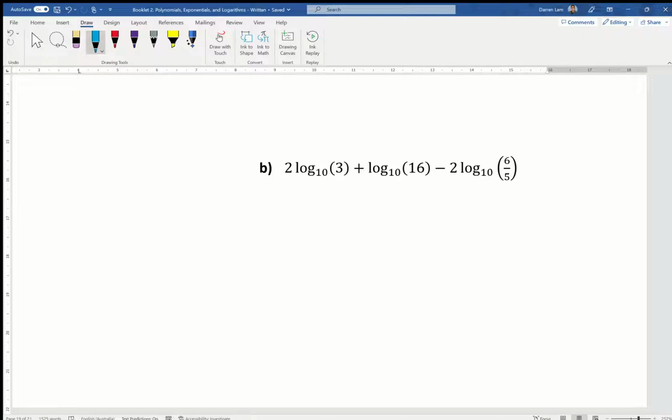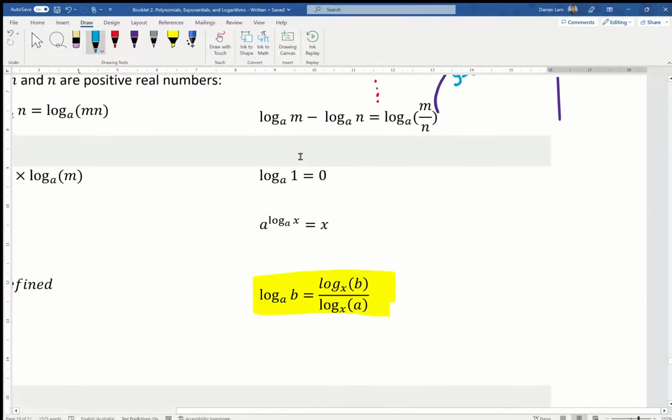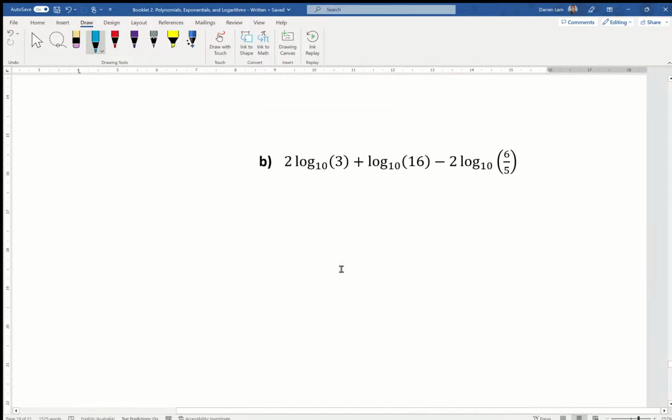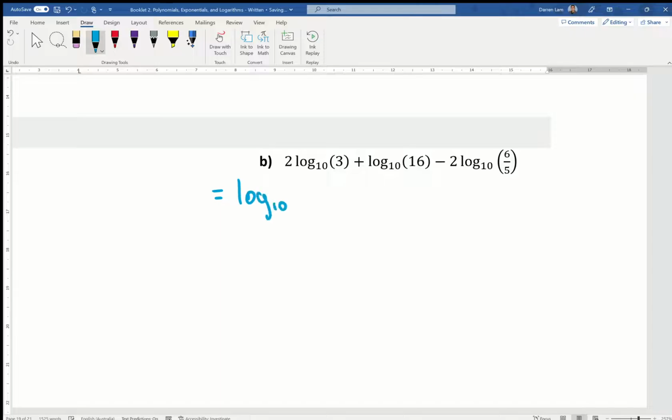So applying the log laws, we need to know that we can shift the coefficient. If we shift the coefficient, we can make it a power, right? So that will be this law right here. Of course it works both ways. So we can rewrite this as log base 10. Remember, even if it's base 10, we have to specify base 10.